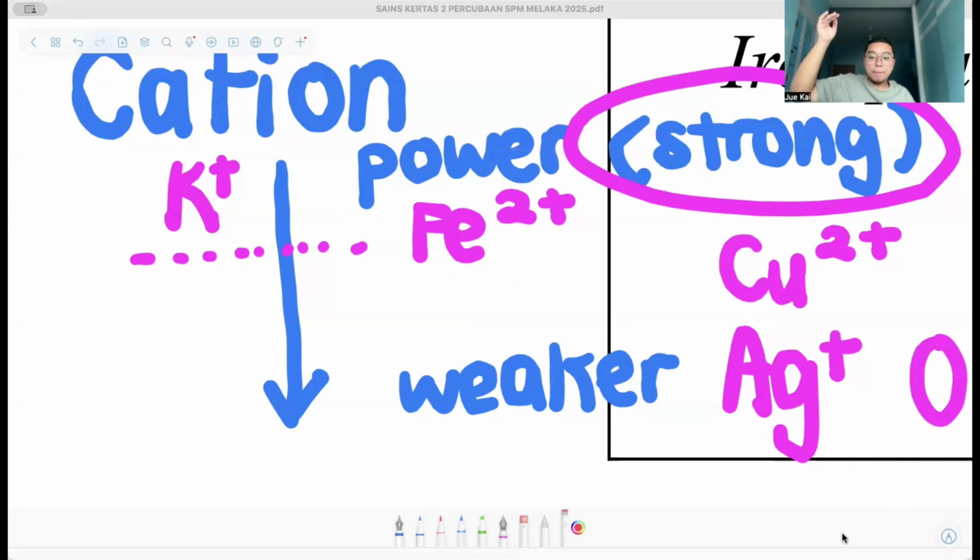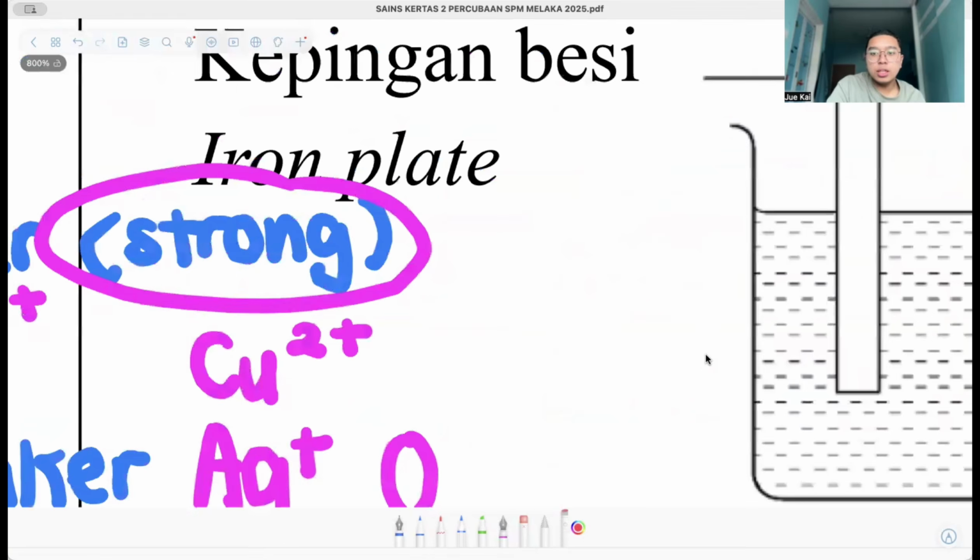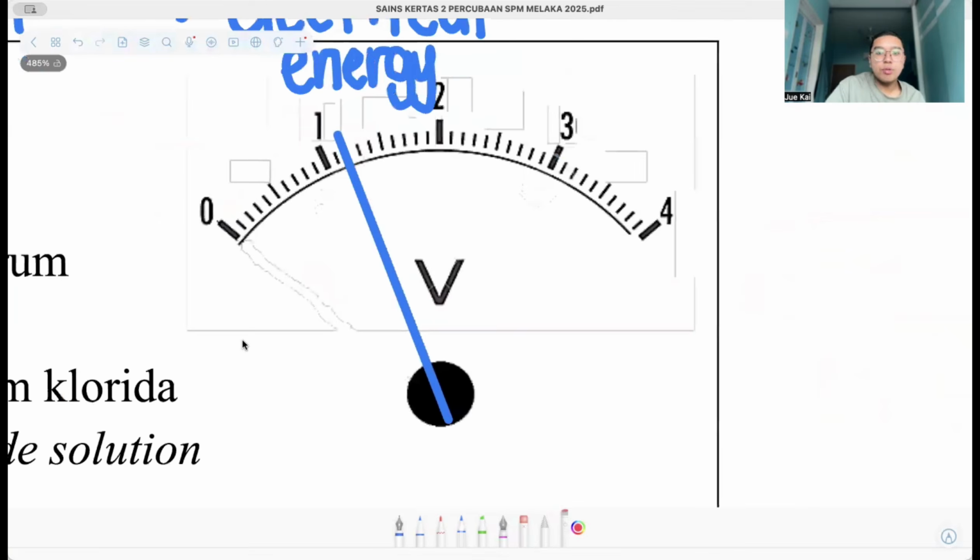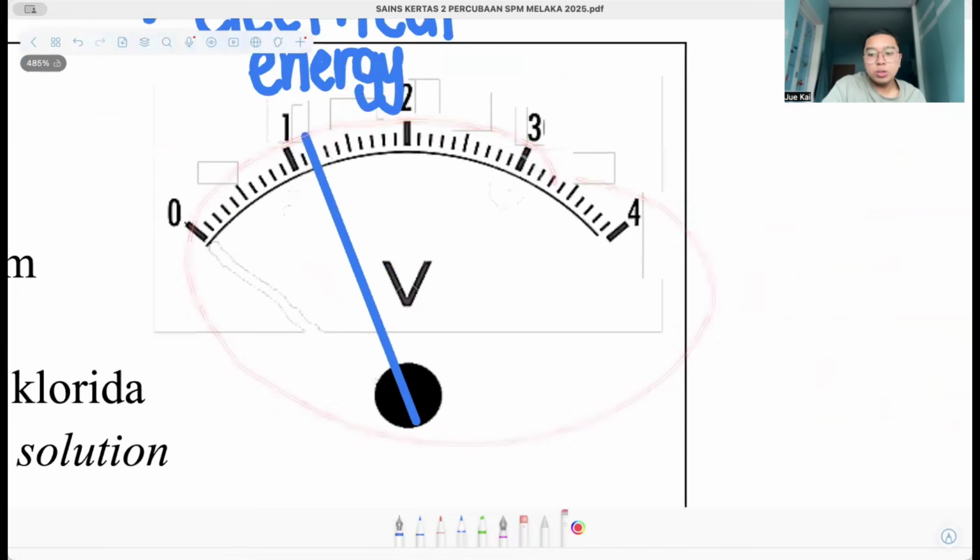Iron is at the top, yes, it is stronger. So does it provide a reading or not? Do we have a reading? Yes, we have a reading.